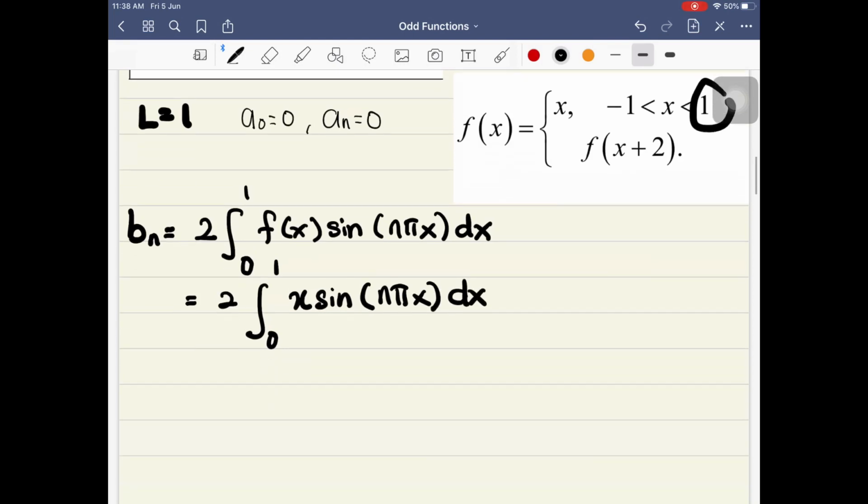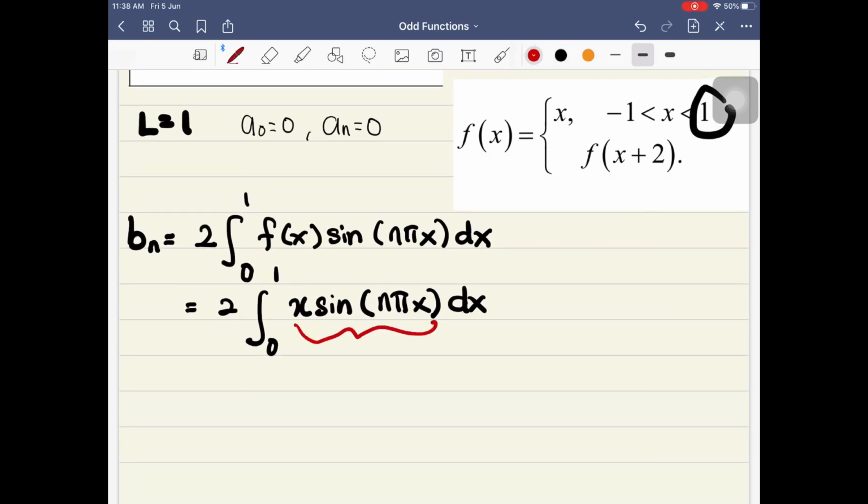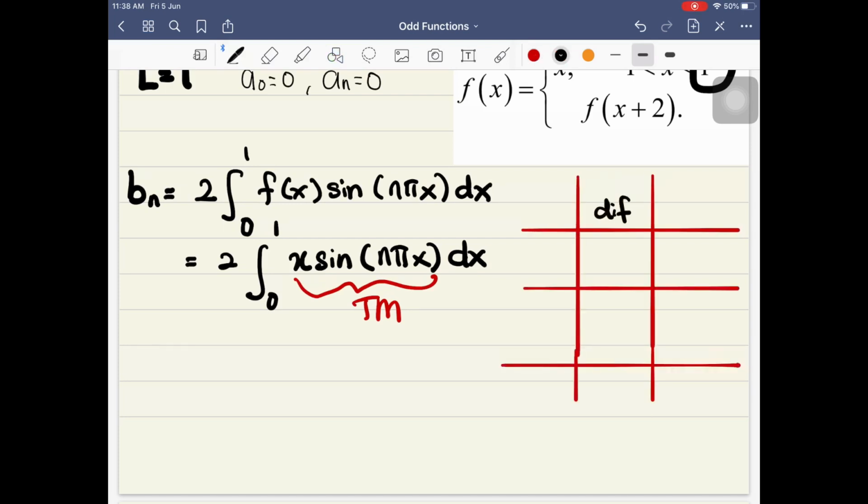Again here you are dealing with the tabular method since it is a combination between polynomial and trigonometric function. So this is your tabular method. You're going to differentiate your x and integrate sine n pi x. Differentiate x, you will have 1.